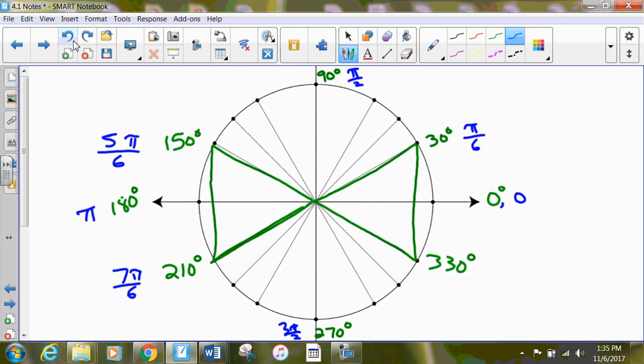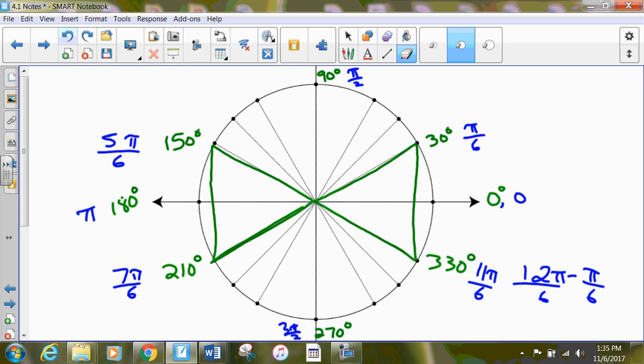So 2 pi minus pi over 6, well, that's really 12 pi over 6 minus pi over 6, which gives me 11 pi over 6. Do you notice that all of the radian measures in the bow tie have a denominator of 6? You're going to find other patterns if you just look at this that are pretty darn cool. But let's move on to our next bow tie.